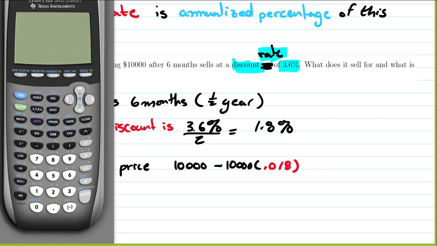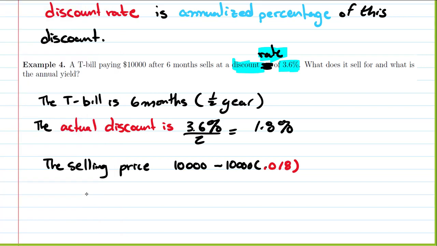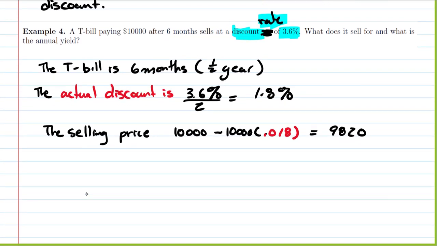So we go 10,000 minus 10,000 times 0.018. And we get 9,820. Well, that would be our selling price.